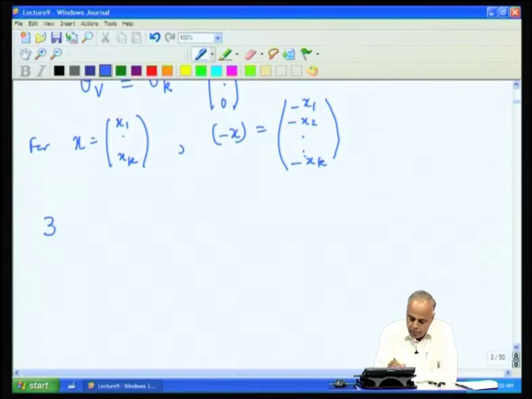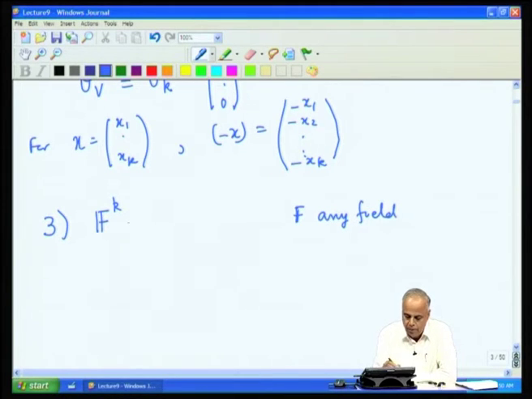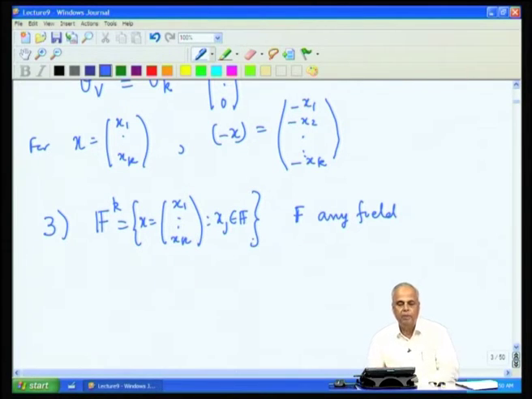In general, we can start with any field F and look at F k. So, F is any field and look at F k, which is the set of all x equal to x1, x2, xk, where now the x j's are from F. So, when we put F equal to R, we are looking at R k.